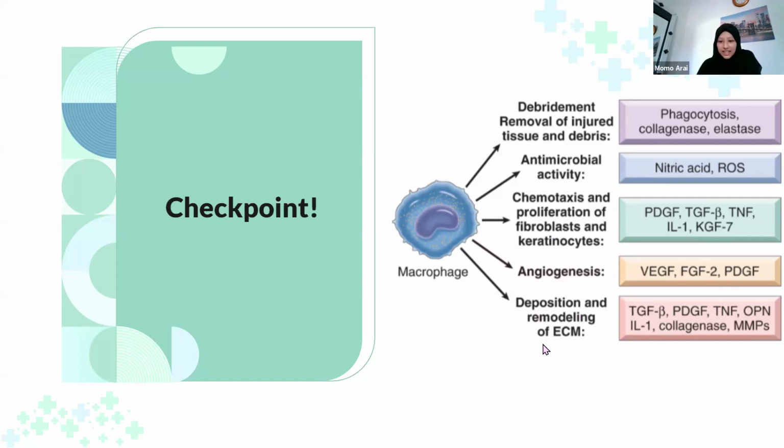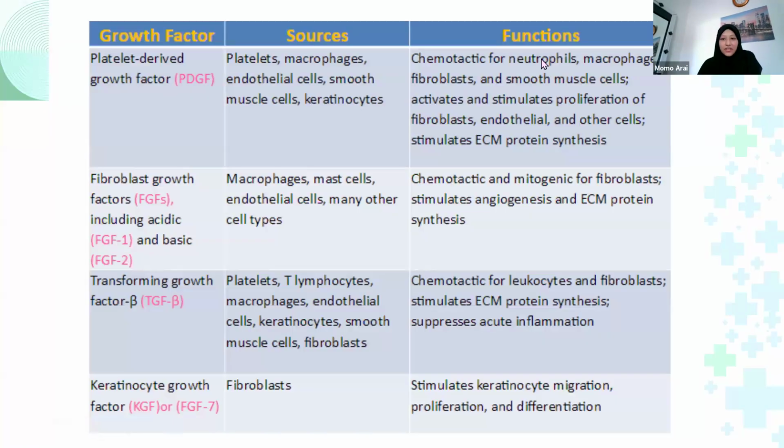Okay, and then the last thing, see, remodeling of extracellular matrix, same as proliferation of fibroblasts. You have TGF beta, which is more important, and platelet-derived growth factor. You can memorize this by saying platelet-derived growth factor has a lot more functions. See in the table, platelet-derived growth factor has many, many more functions than just maintaining ECM.